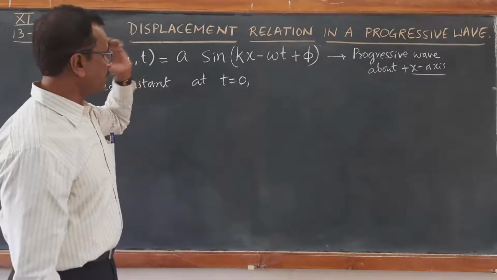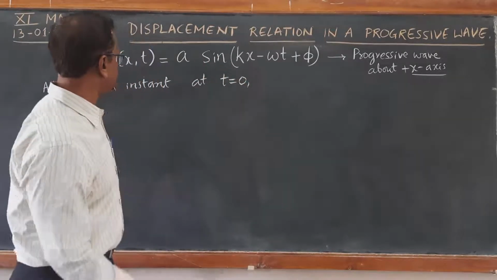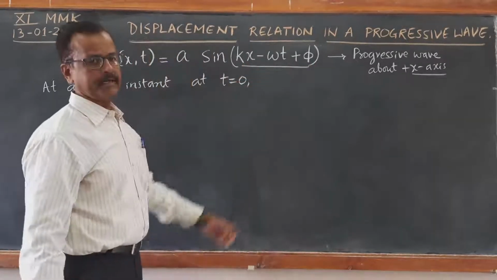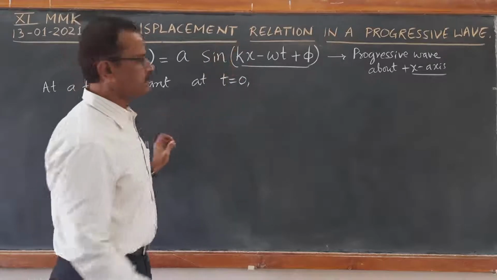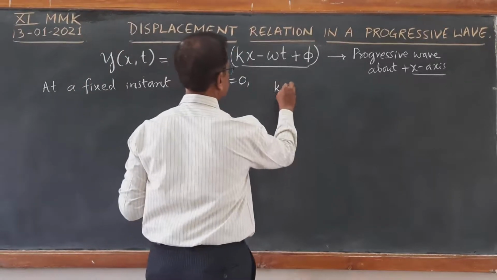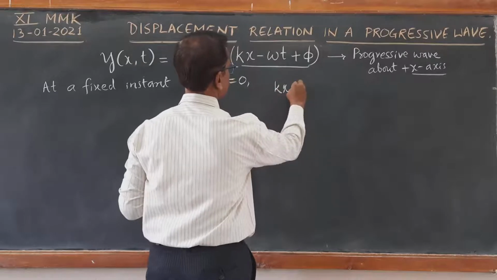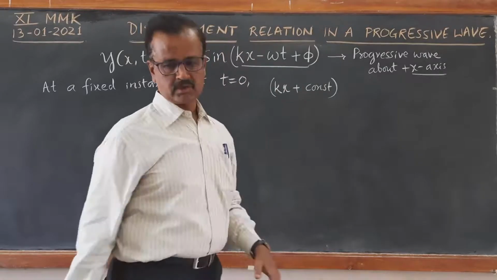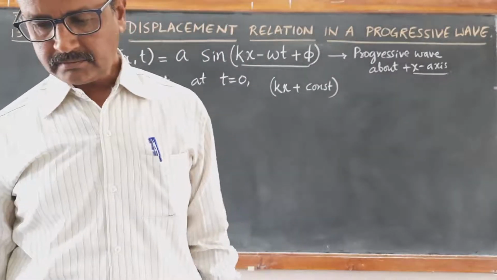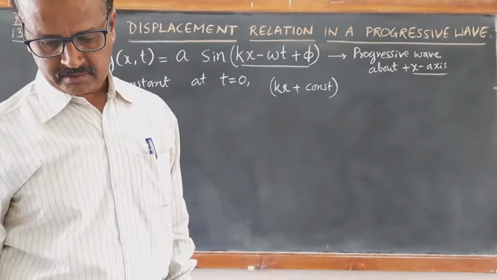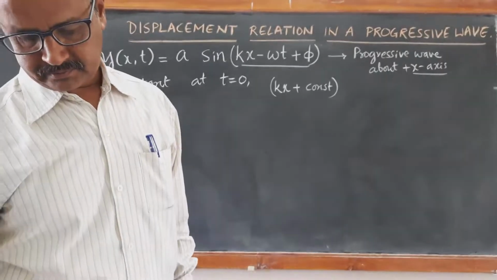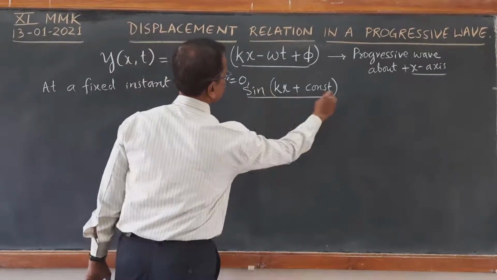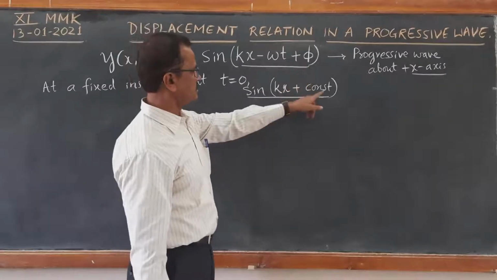At the fixed instant t equal to 0, what happens to the equation? Then we get only the argument, because it is a sine function of this. So we get kx plus a constant as a sine function, a sine function of kx plus this constant, that is phi.